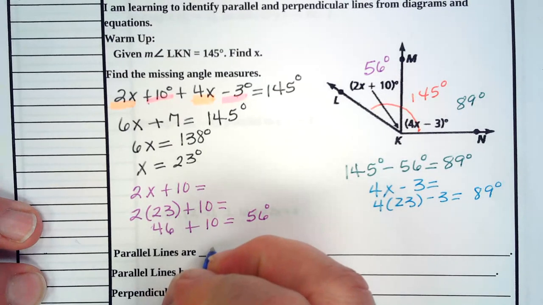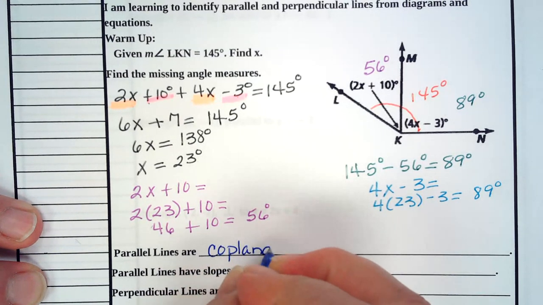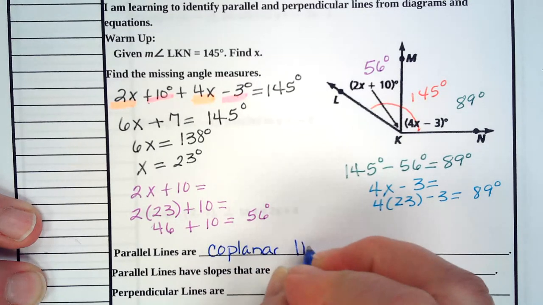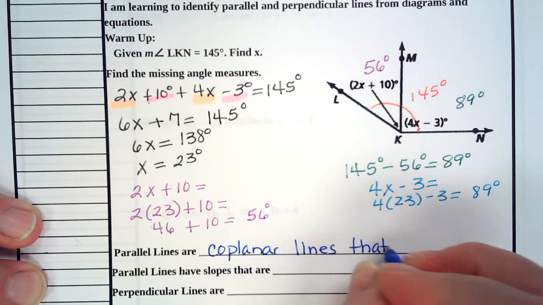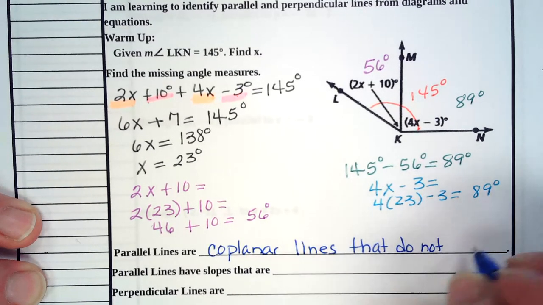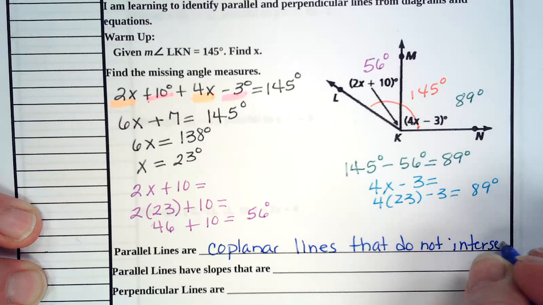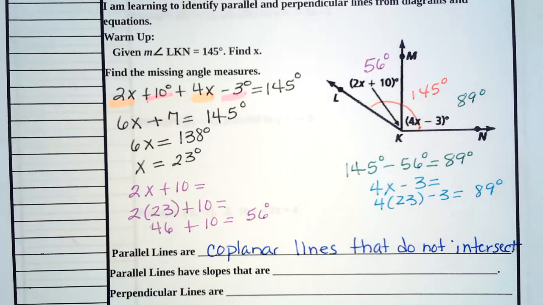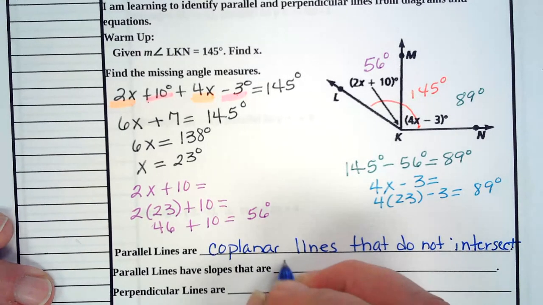They are coplanar lines that never intersect. Okay. What about their slopes? Parallel lines have slopes that are the same.